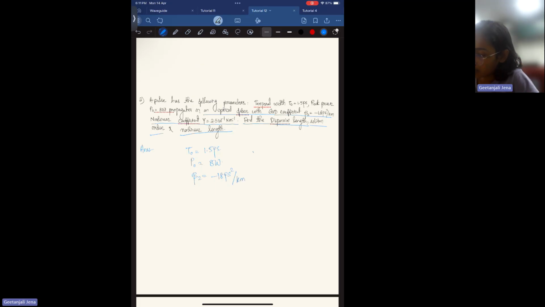Gamma is 2.5 per watt per kilometer. The dispersion length we have seen before is given by T0 square over mod of beta 2. T0 is the pulse width, here 1.5 picosecond, squared, and beta 2 is 18 picosecond square per kilometer. So this will be 0.125 kilometer.